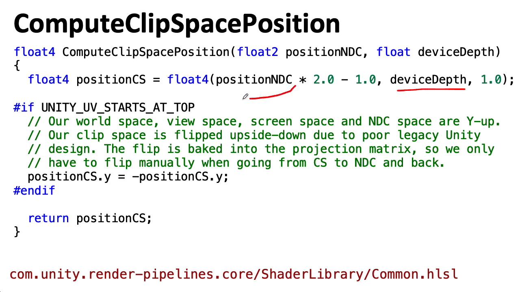However, the normalized device coordinates run between 0 and 1, so we need to multiply by 2 and subtract 1 to map those NDCs into a coordinate running between -1 and 1. And there may also be some API hardware weirdness where we have to flip Y upside down.